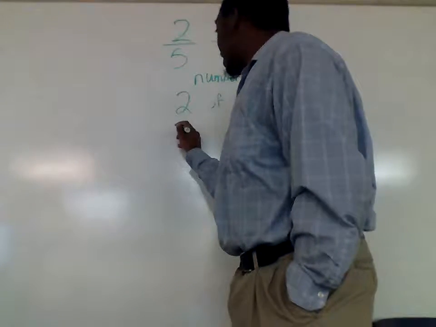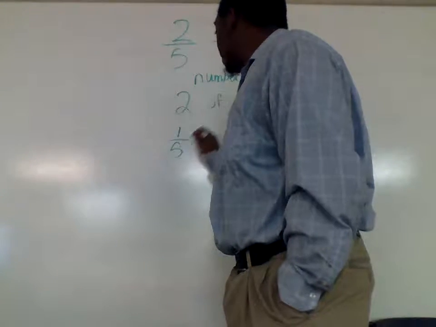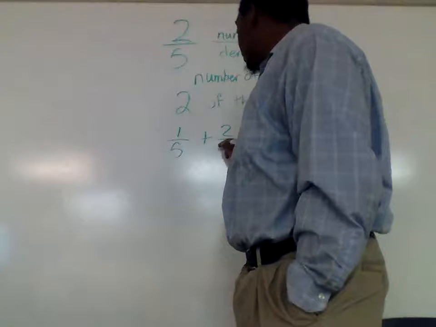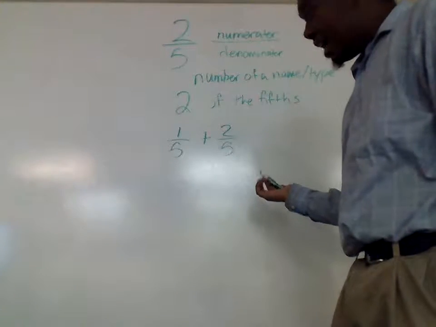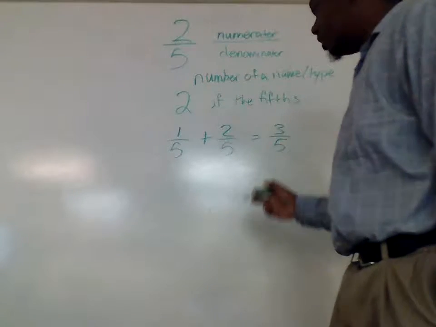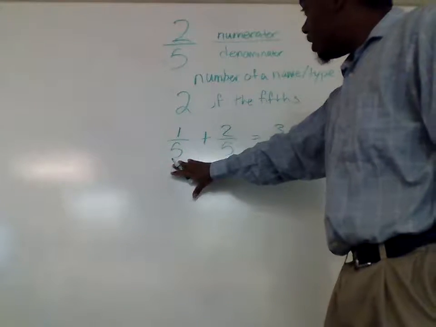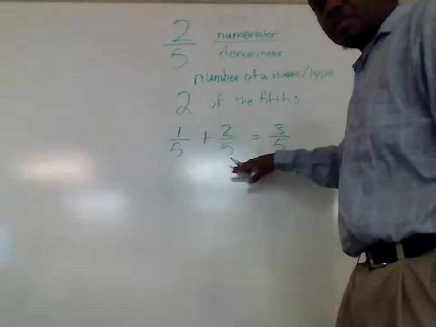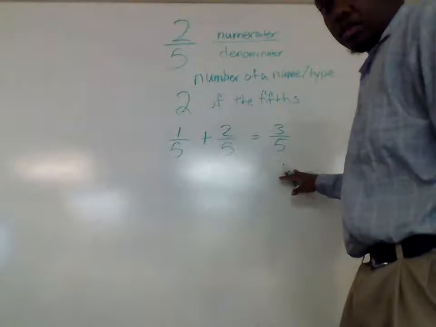For example, if I have 1/5 plus 2/5, well, obviously I have 3/5 in total, right? Because I have 1 of the fifths and then I have 2 more of the fifths, so I have 3 of the fifths in total. So 3/5.